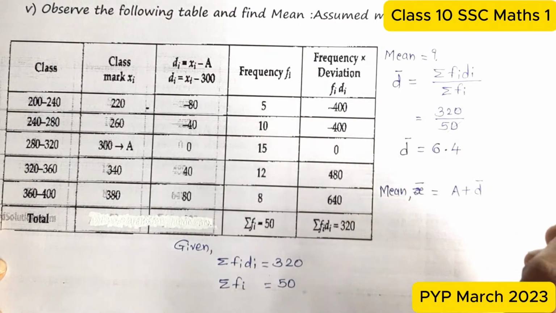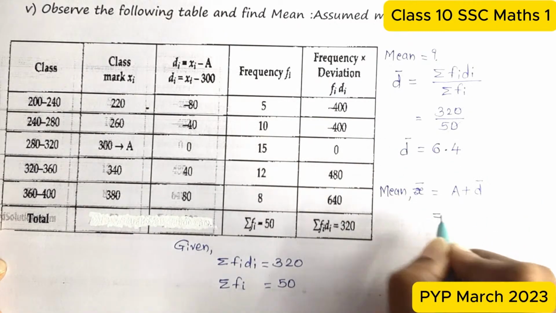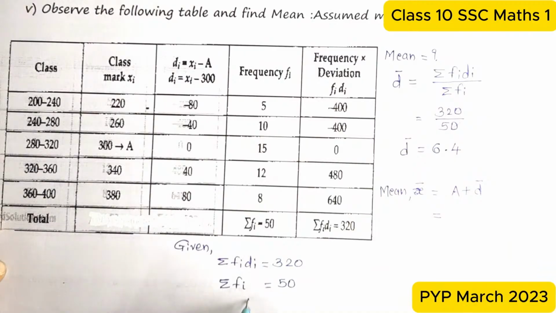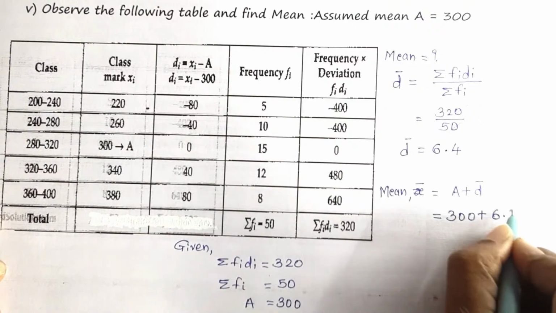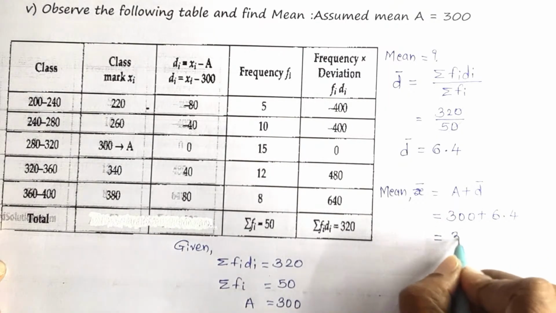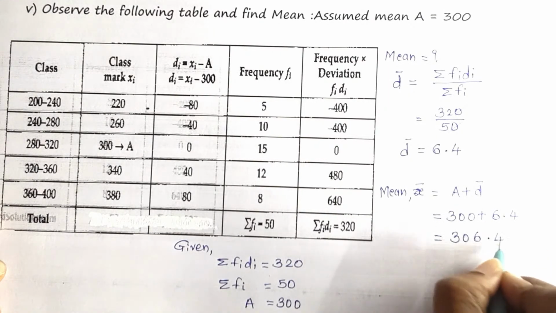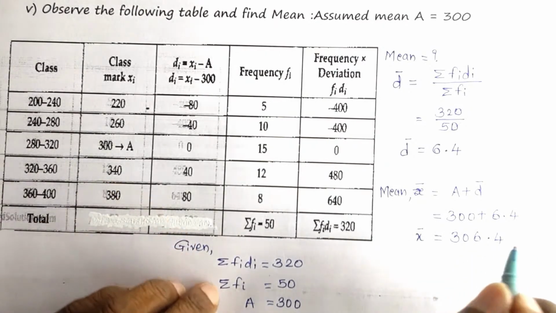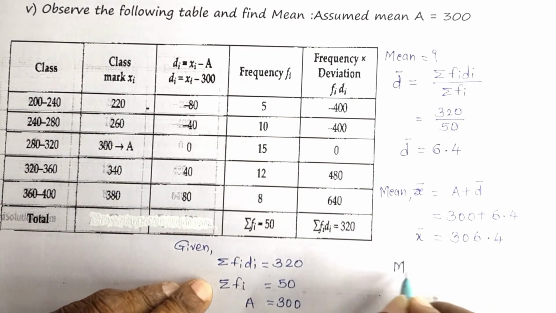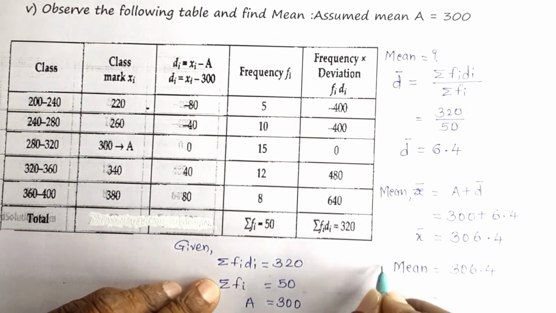So d bar is equal to 6.4. In the assumed mean method, a is given as 300. So 300 plus d bar, that is 6.4, is 306.4. So the mean is equal to 306.4.